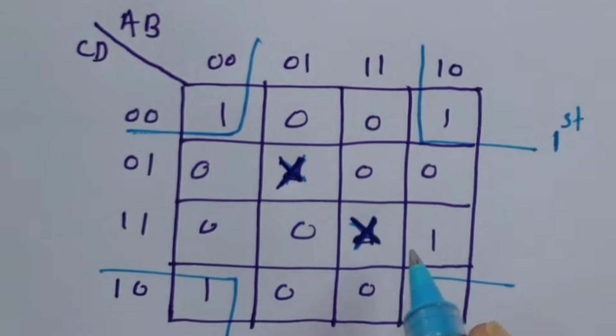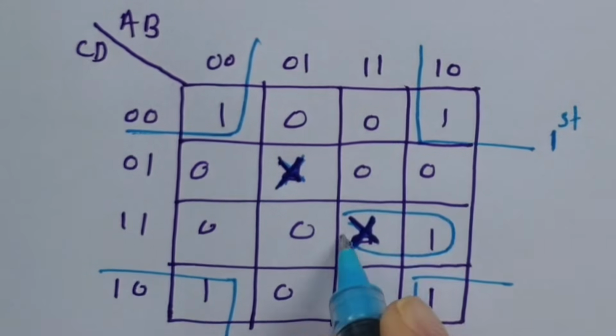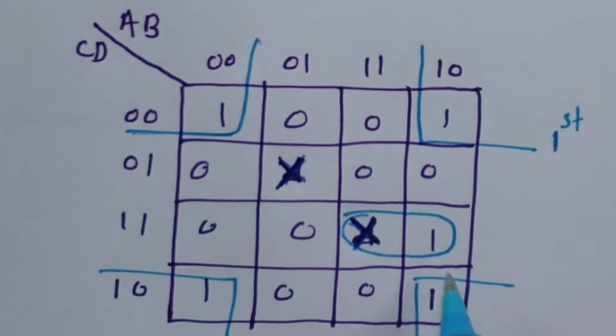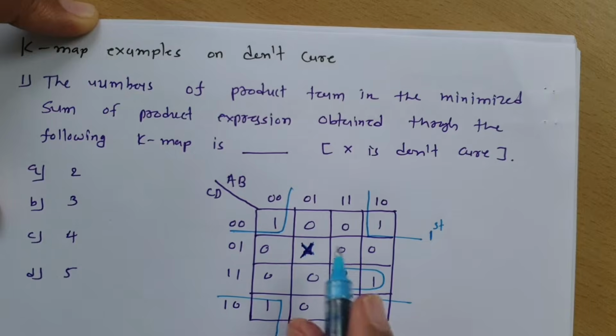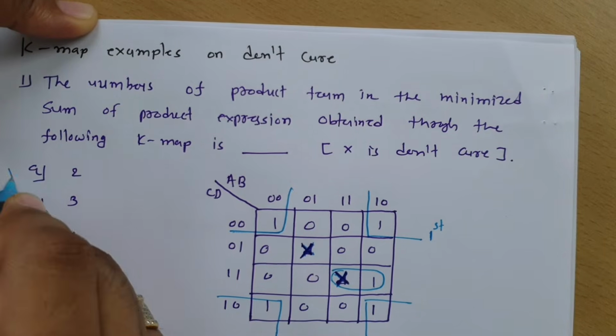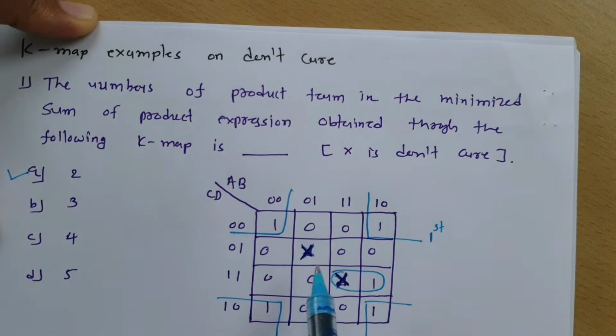I can cover this one by having this grouping, or I can have this grouping. Both of these possibilities are correct, and as per that, we can say there will be two product terms with this K-map.